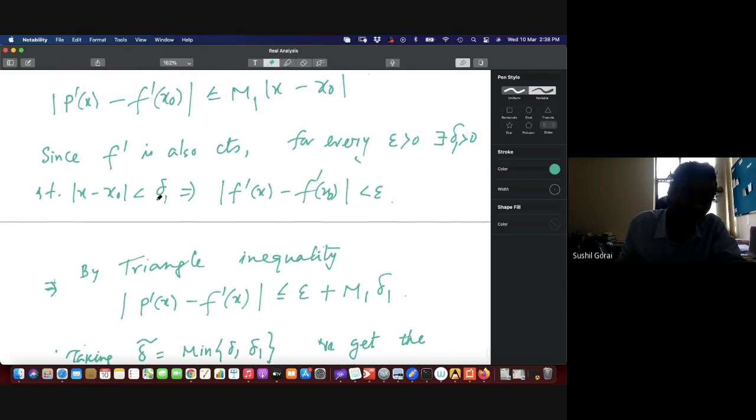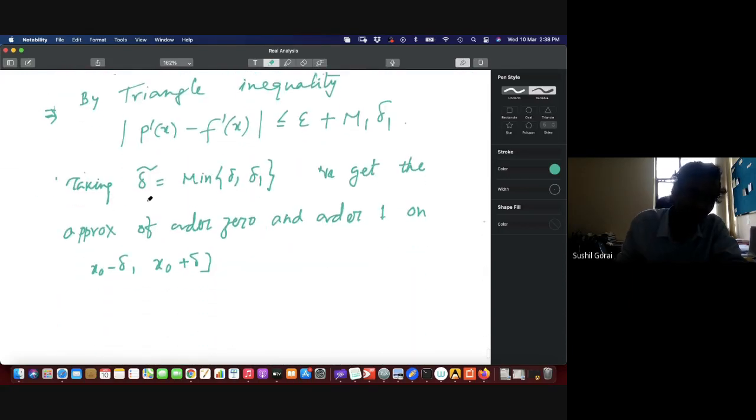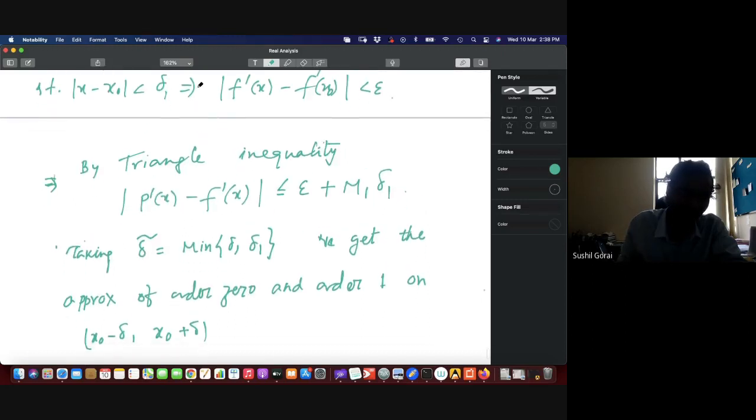Well, here we took less than delta, so we put it open, but one can make it a closed interval. There will be no problem. So here you shrink a little bit so that it will be less than or equal to and still it is true.